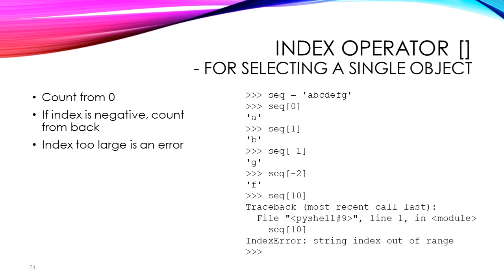And if you use -1 as the index operator, then that will return the last character, which is G. And -2 will be the second to the last character, which is F. So here is an example: if you do 10, well, there are not 10 characters in that string, and so that is going to return an error.